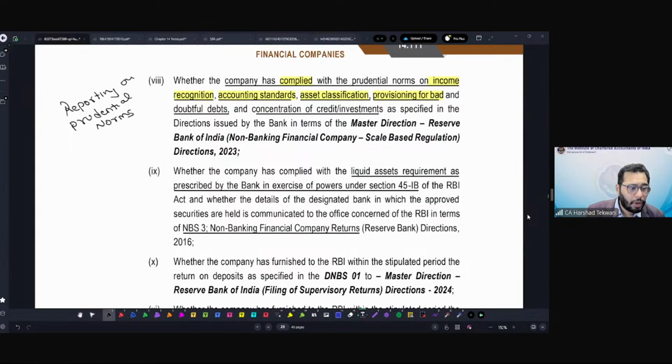Okay, so I would write here: liquid asset requirement, or when you refer to the scale-based regulation, it is known as liquidity coverage ratio.